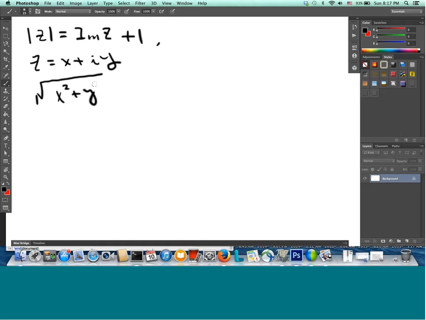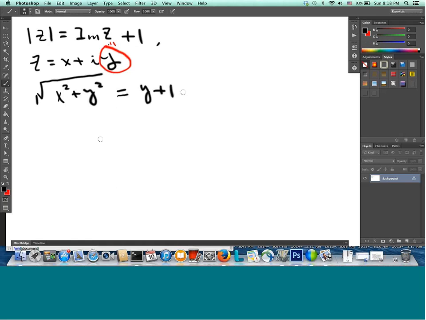The absolute value of z is x squared plus y squared. Then you have z plus the imaginary part of z, which is y, so y plus y.